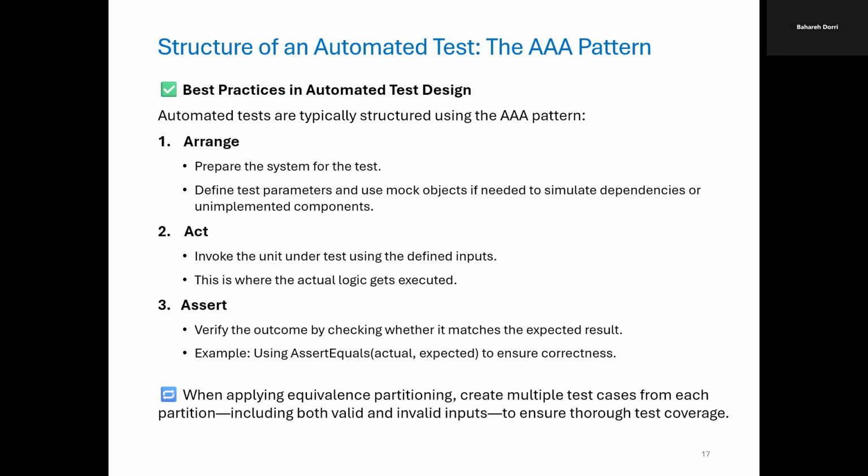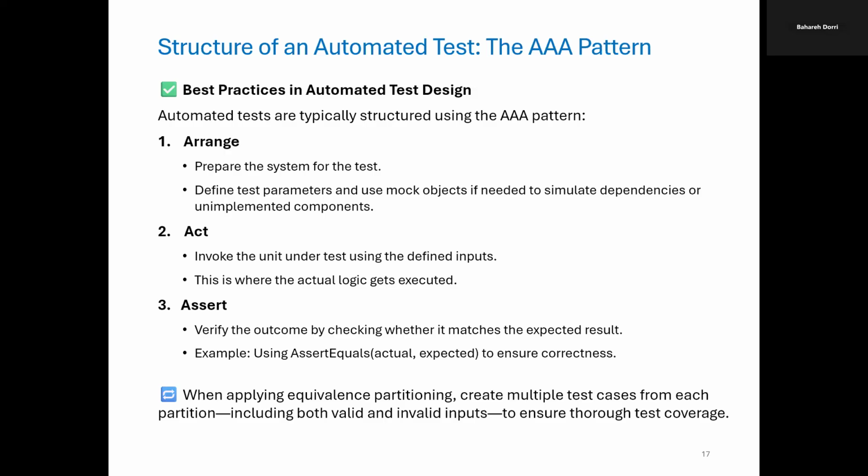You define your test inputs, and if your code depends on something that's not built yet, like an external API, you use mock objects to stand in for it. Next comes act. This is where you actually call the function or the piece of code you're testing. It runs using the setup you created.